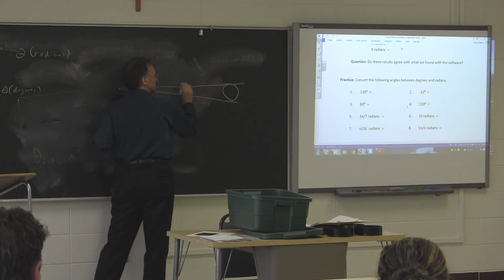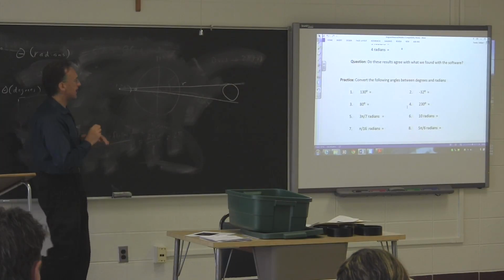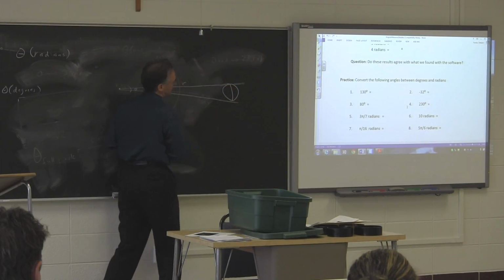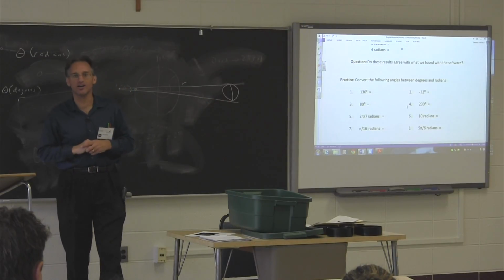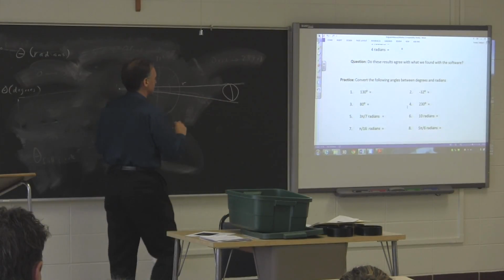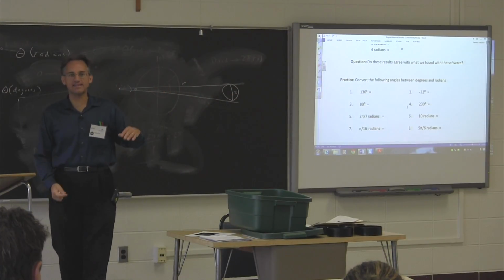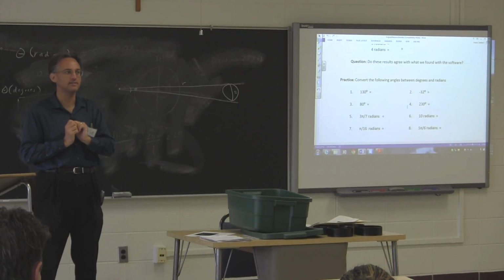And we have a distance away from the object, and that's r. And the last piece that we need, that we're looking for, is the diameter of the planet. Now you will notice that I drew the diameter of the planet as being a little arc, the arc length, s. We know that the diameter of the planet is actually a straight line that cuts through the planet. It's not a curved line.